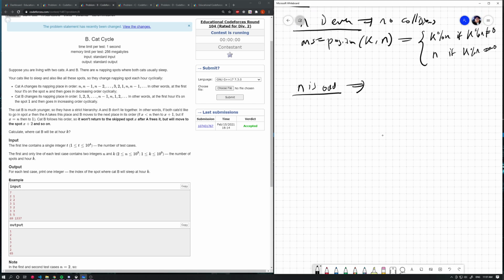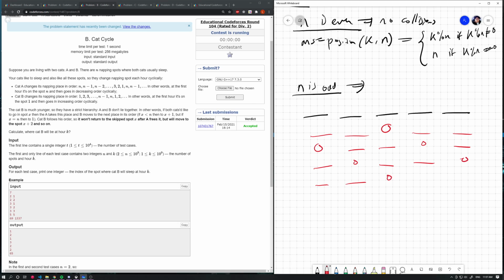So let's go back to our n is 5 example. If you just think about where the collisions are, the first collision was here, and the second collision was here, like we went through last time. If you just keep on simulating it, you'll find that the next collision is here, and then the collision after that is here, and then here, and then here.